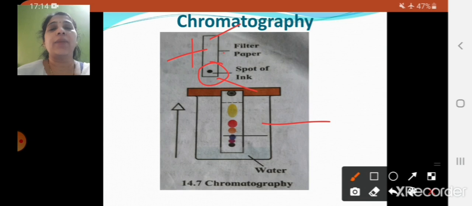After some time, what do you see? You will see that the blue spot of the ink has risen up, right, and it has reached a particular height over here, right. This blue spot of ink has risen up and reached a particular height.